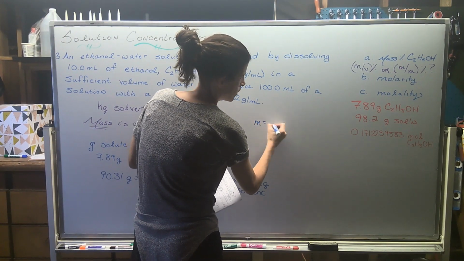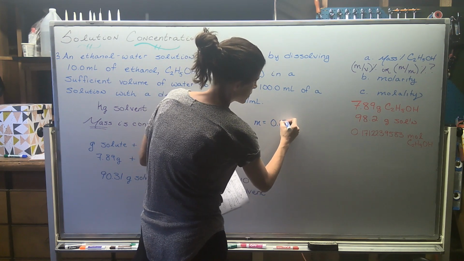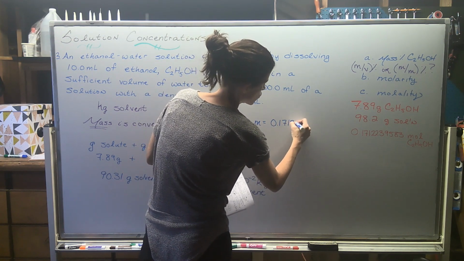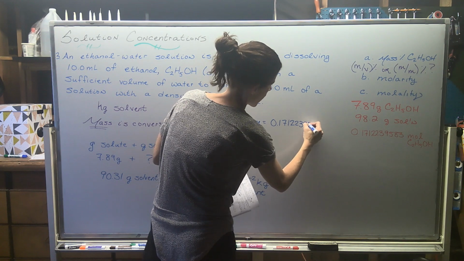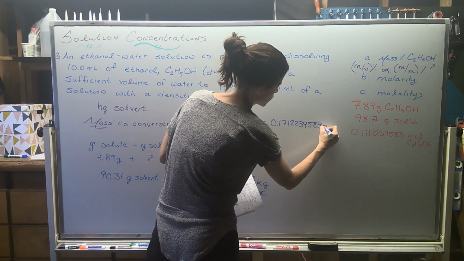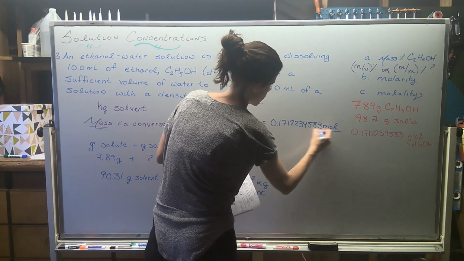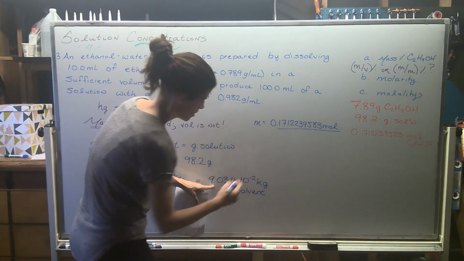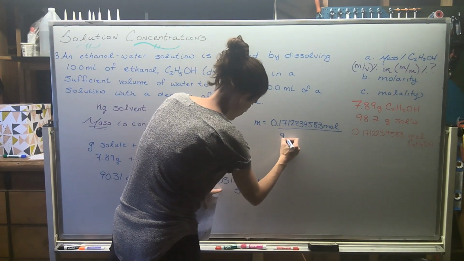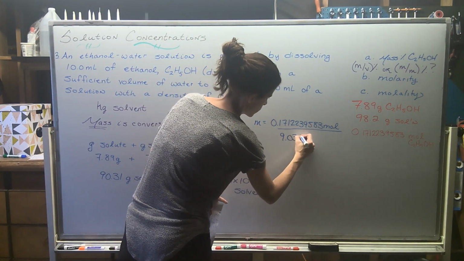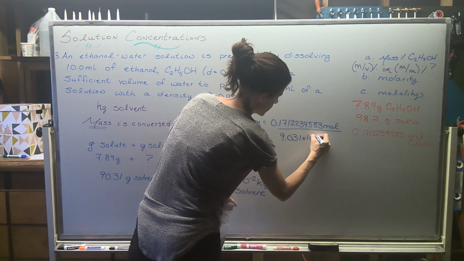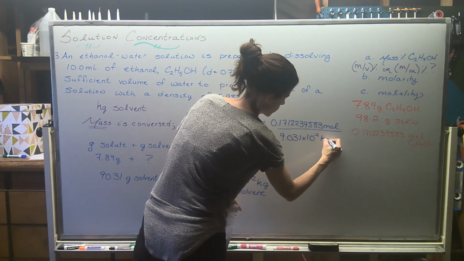I'm going to put 0.1712239583 moles of ethanol in the numerator, and then I'm going to divide by 9.031 times 10 to the negative 2 kilograms.